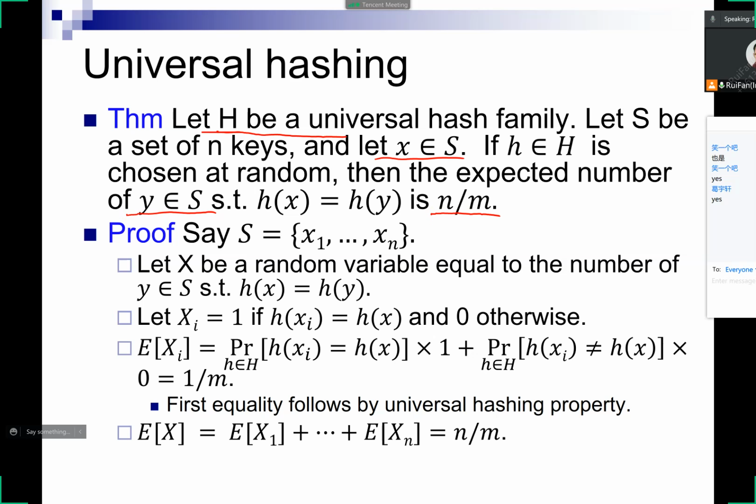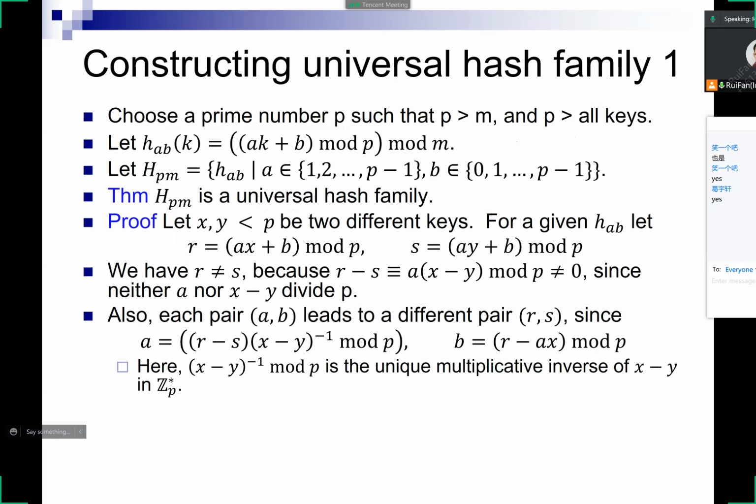The reason for that is simply that each y collides with x with probability 1 divided by m. Since there are n keys in total, the expected number of collisions by linearity of expectation is n divided by m. So that's one of the properties that we're going to use. Next, we're going to see how to construct a universal hash family.